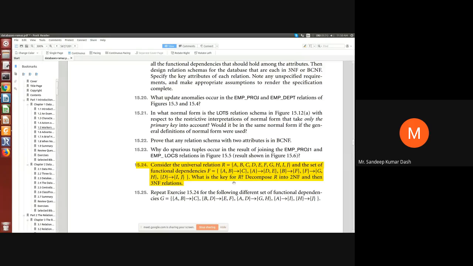So how will you find the key? By finding the closure of the attributes. Say I am finding A plus, with the plus as a superscript. What will be in A plus?